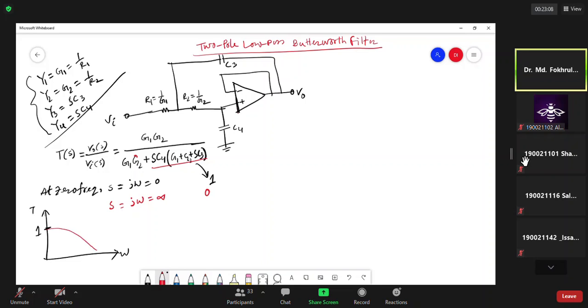So this is low pass: low frequency is passing and high frequency is blocking. So it is the low pass characteristic.